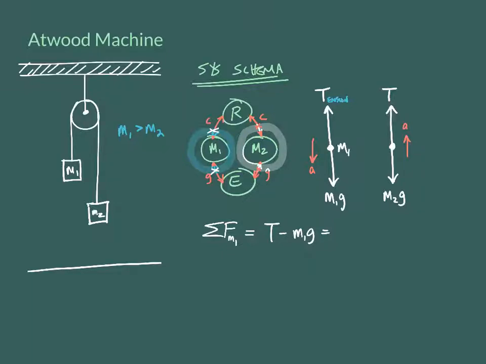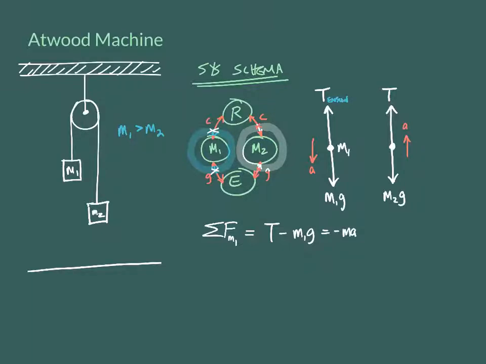So there's two forces on it. I sum them using signs and directions as shown, and that has to equal MA, but in this case, it's a minus MA because that acceleration is negative.